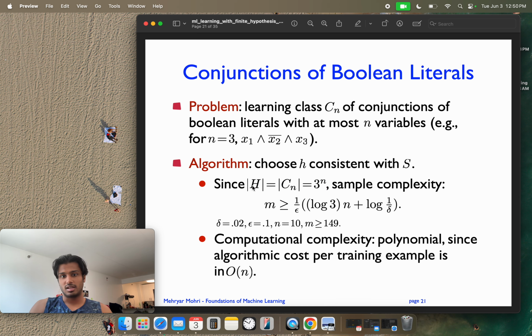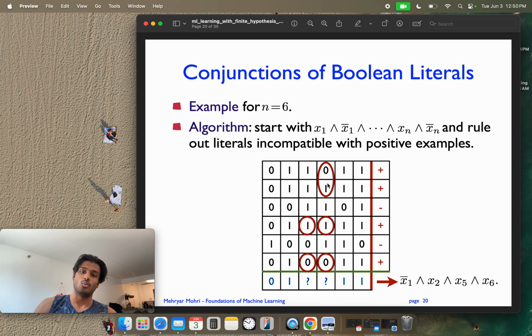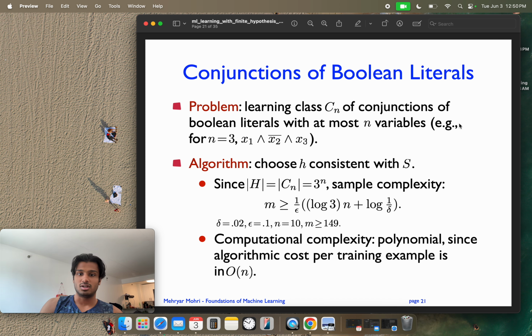The number of possible hypotheses you can have is a finite number, 3 to the n. Why? Because either x1 is present with a plus, with no negation, or x1 is present with a negation, or x1 is not present at all. So every literal has 3 choices. So for n literals, you have 3 to the n hypotheses, and you return any one which is consistent with it.